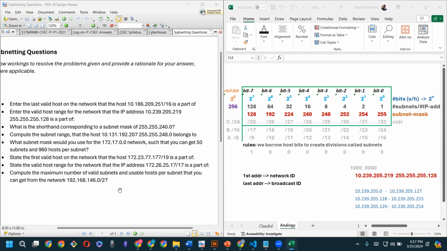Remember, we're subnetting that octet. So how many patterns in total did we have for /27? Does it include the host or just the network, sir?